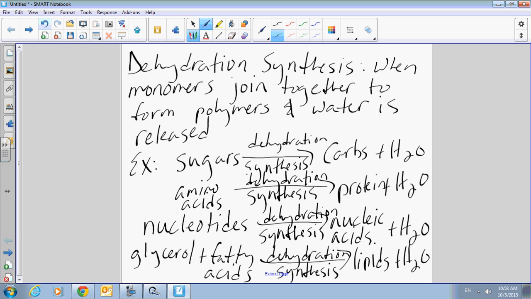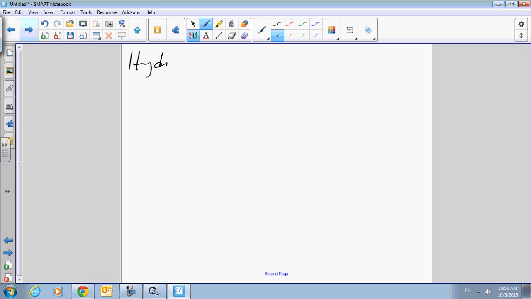And I probably won't go through all of these for hydrolysis, but if you know one, the other one's just the opposite. What would a definition for hydrolysis be? Well, it's not building molecules, it's what? Breaking them down. And what's the molecule called if it's got a bunch of repeating parts?